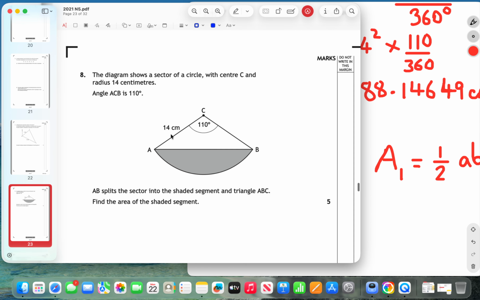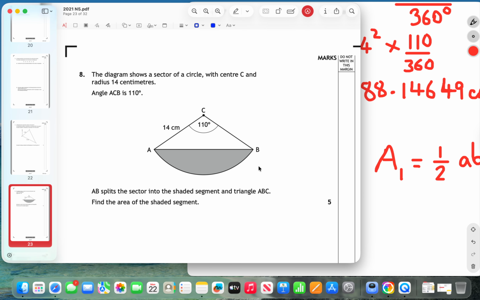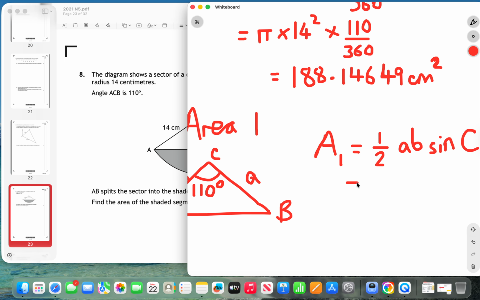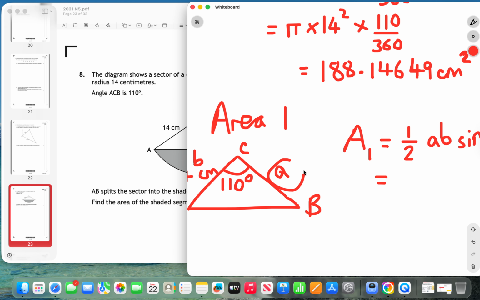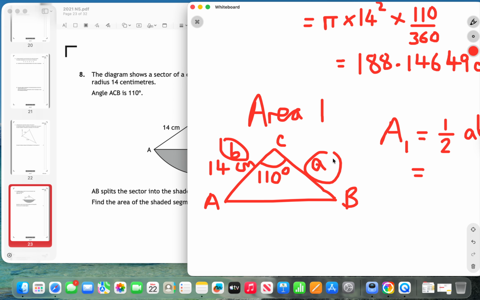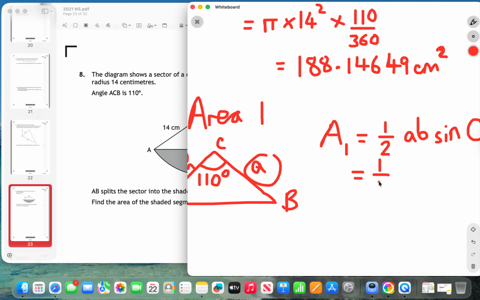Looking back at this, you see that CB is also a radius, because B would lie on the circumference of the full circle. If we had a full circle, A and B both lie on the circumference, and C is the centre. So CB, or small a in this case, has to be a radius also. So it also has to be 14 centimetres. So small a is this side, small b is this. They're both 14. And capital C is the angle C.